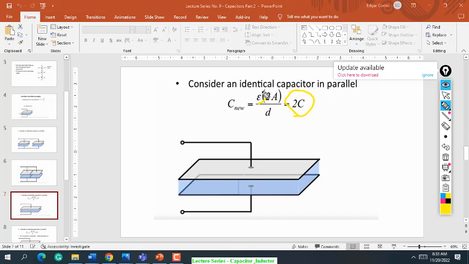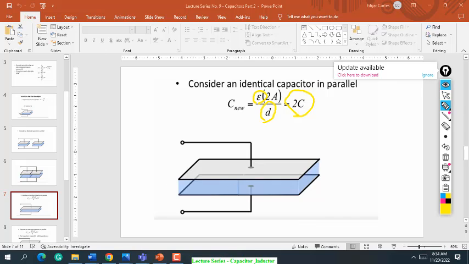Since permittivity is constant because you're using the same material, and the distance is the same because these are identical capacitors joined together, what doubles is the area, so we just multiply or double the capacitance of the first capacitor.